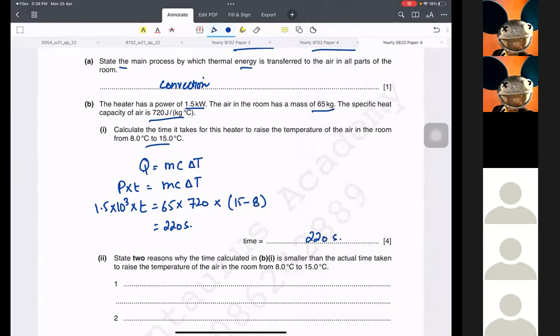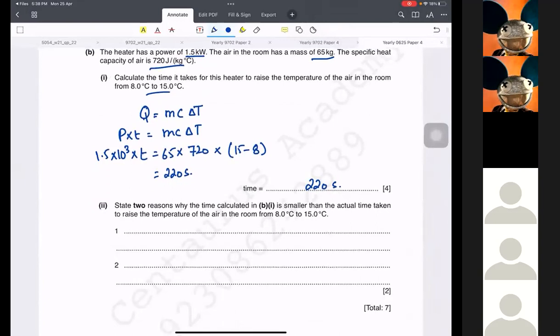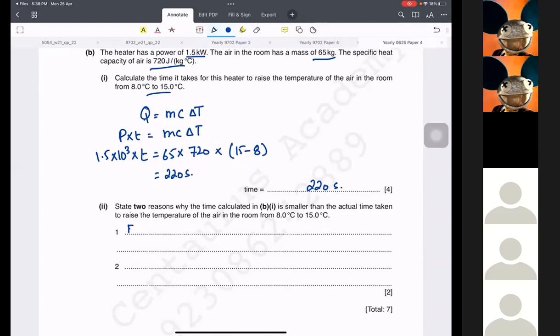All right. Now, it says state 2 reasons why the time calculated in B is smaller than the actual time taken to raise the temperature. So it's asking why it would take more time. You could write that floors may conduct heat.